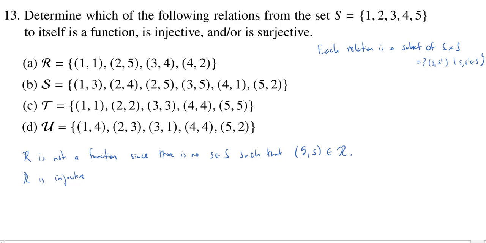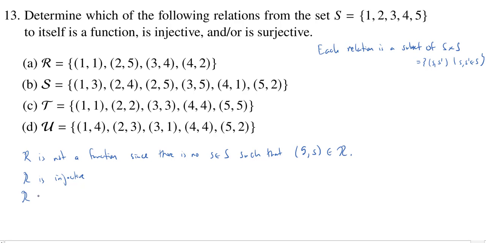Okay, how about surjective? So for surjective, for each element in the codomain, which is again 1, 2, 3, 4, 5, there must be an element in the domain which maps to it. Well, let's see. 1, 2, and there's no 3.